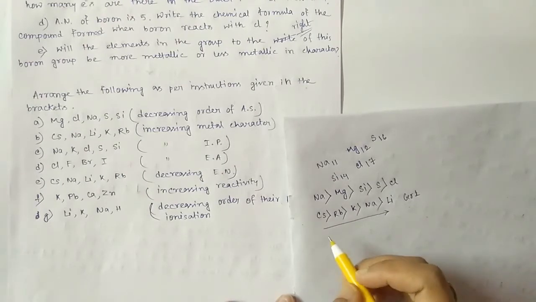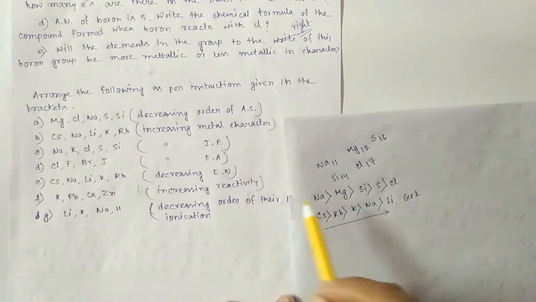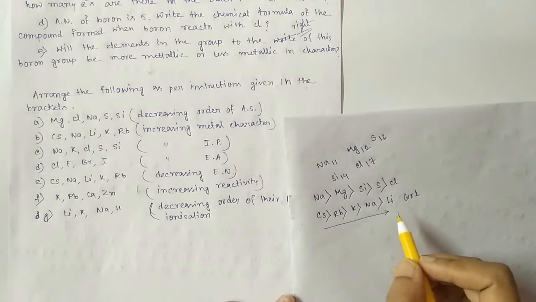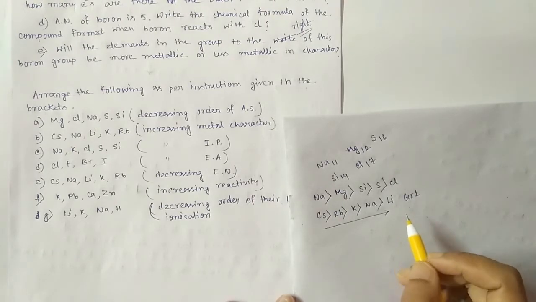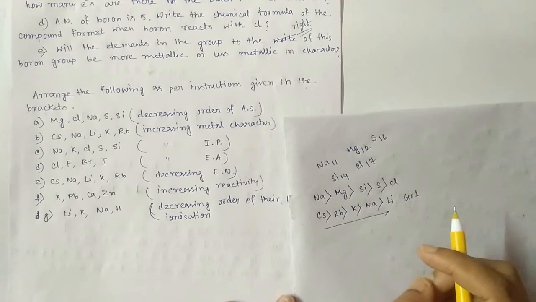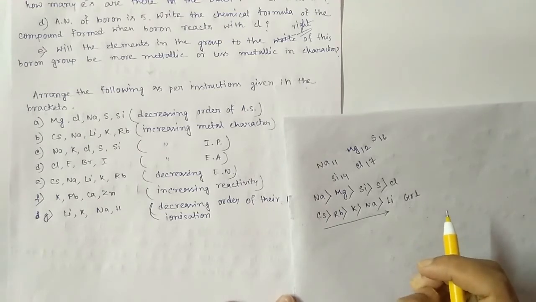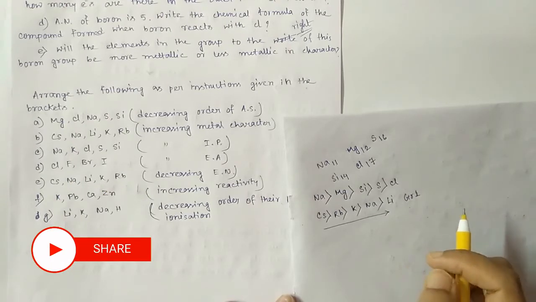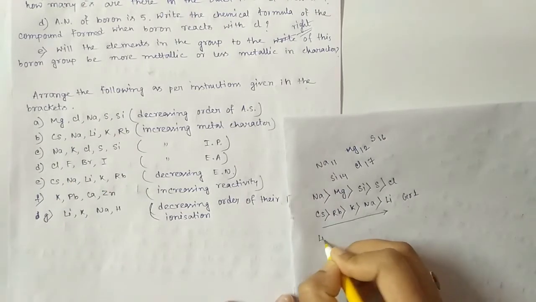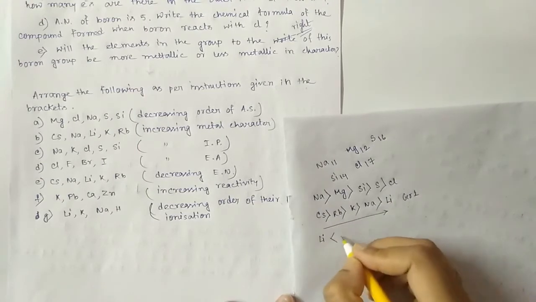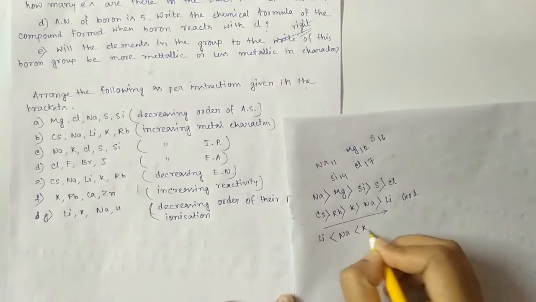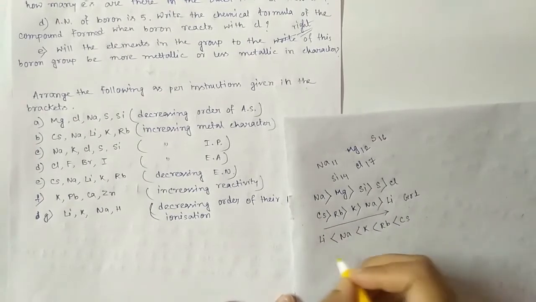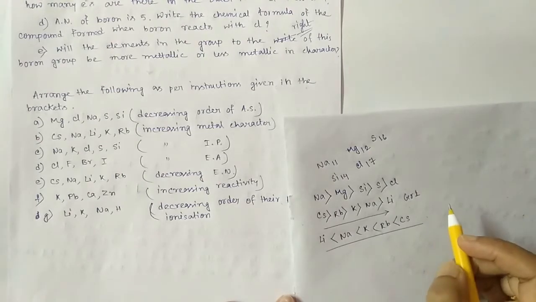But here the question is increasing metallic character, and increasing is exactly the opposite of decreasing order. It means you have to start with the least or smallest element and gradually move on to the highest or greatest element. So here the smallest is lithium, then sodium, then potassium, then rubidium, and finally cesium. So this is the correct answer to this question.